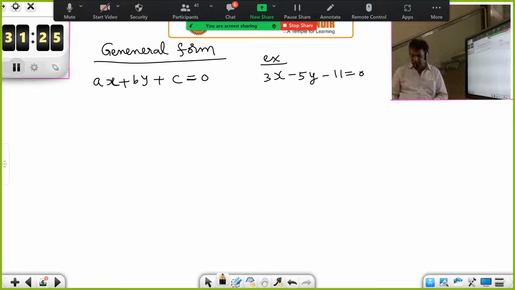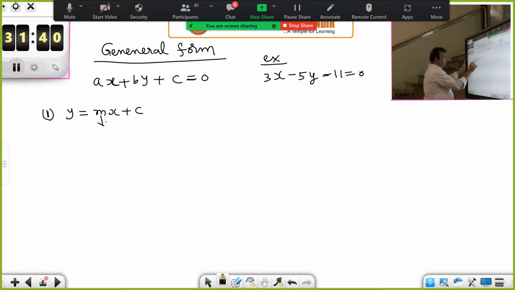Now, what are the various forms we have seen? First form is y is equal to mx plus c. What is this form called? Slope intercept form. M is slope. C is what?